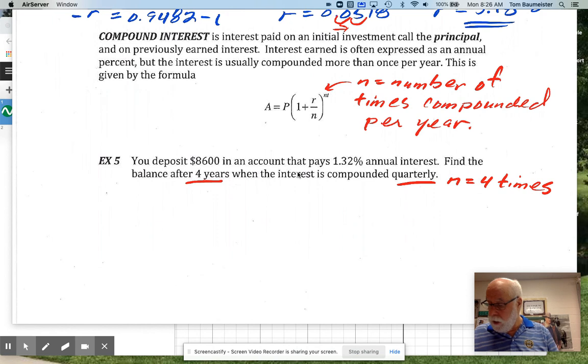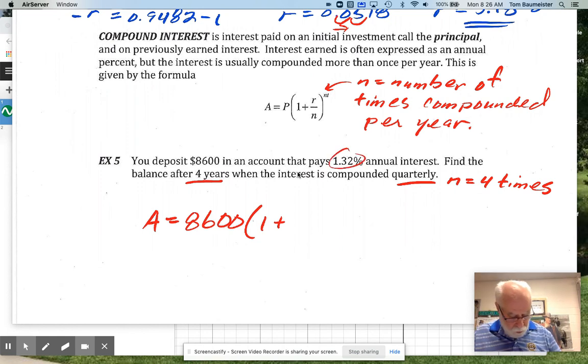All right, so we're going to take our amount is equal to our initial investment was $8,600. Okay, and then we're going to take 1 plus our rate is 1.32%. If I want to change it to a decimal, I'm going to go this way.